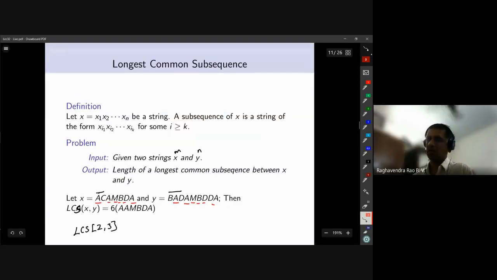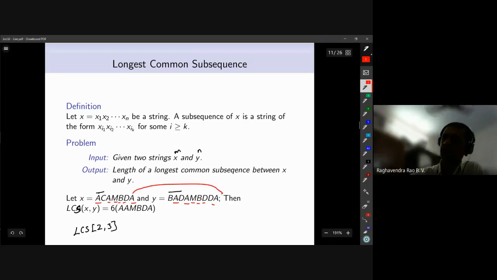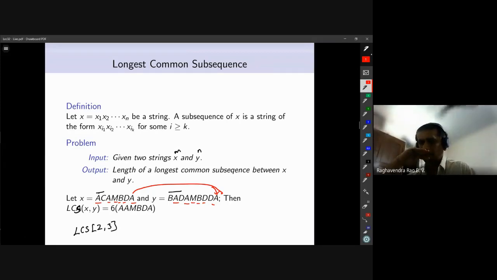Let's see why that is so, using the same example. The claim is there is always a longest subsequence which matches these two. Do you see why?